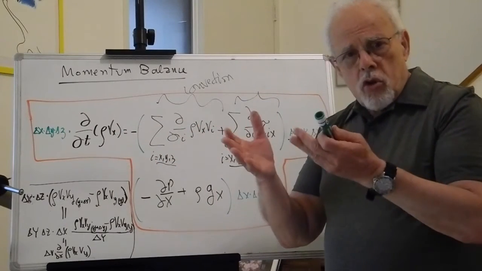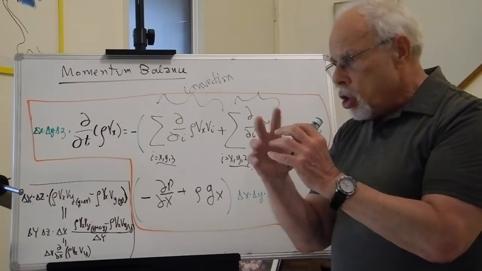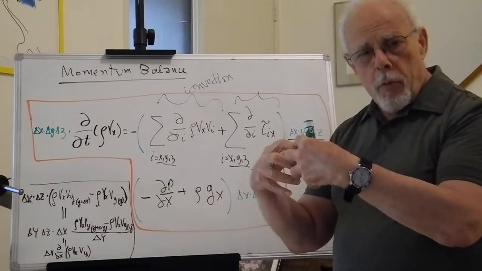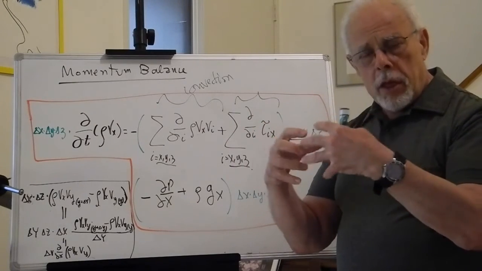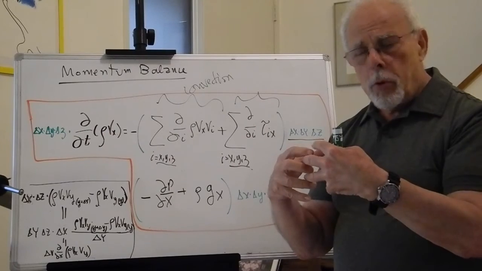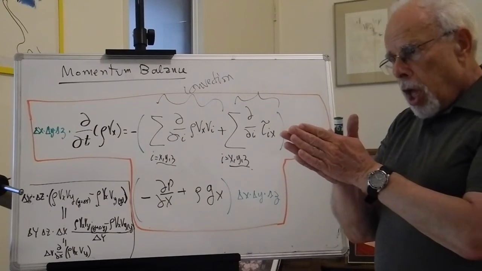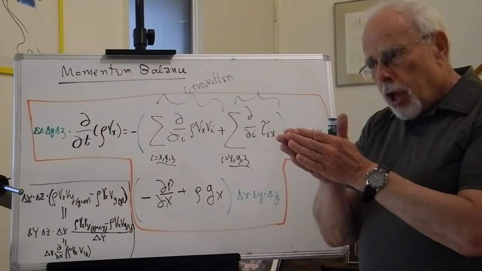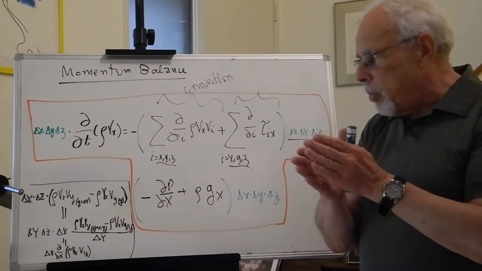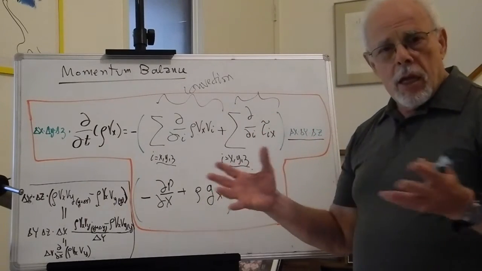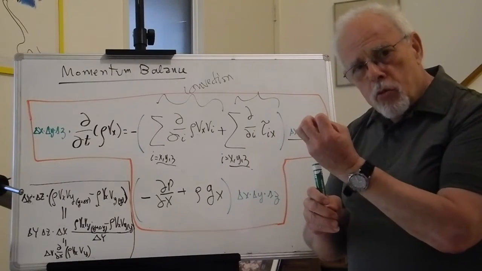The rate of change of momentum within this control unit equals the net input of momentum because of flow of the fluid, because of the mechanism of cross-directional migration of momentum, which we have seen before, plus the sum total of forces on the same control unit.